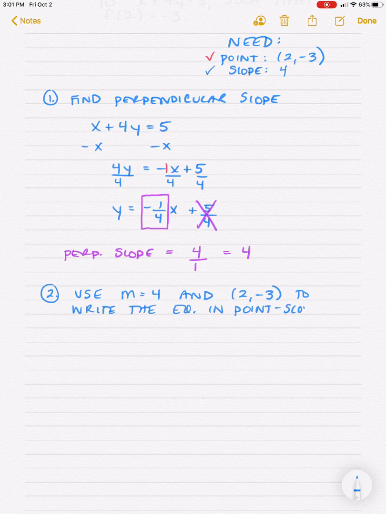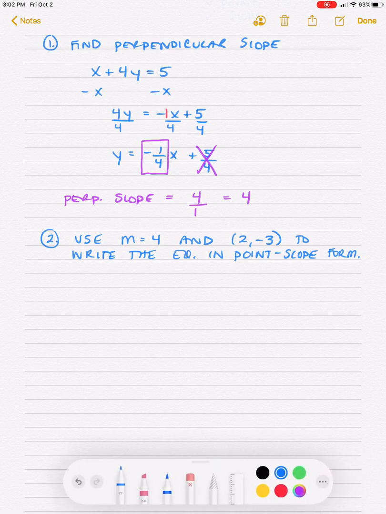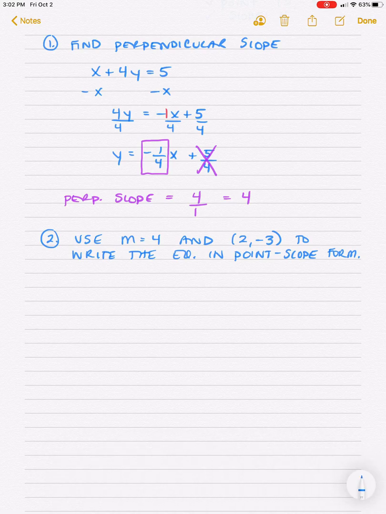I know some of you like to plug everything into y equals mx plus b and solve for b, but here's why I'm not having you do that. Sometimes the directions tell you to just leave it in point slope form. I would say most of the time in calculus, you just leave it in point slope form. So let's get out of that habit of plugging everything into y equals mx plus b, and let's leave that in algebra 1.